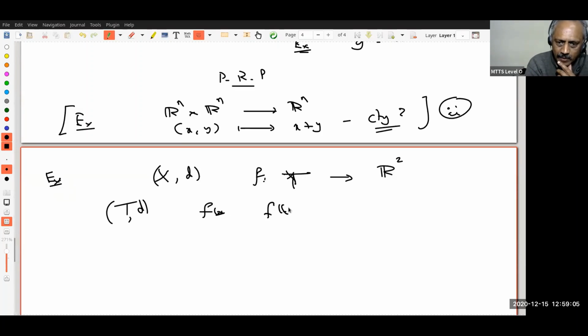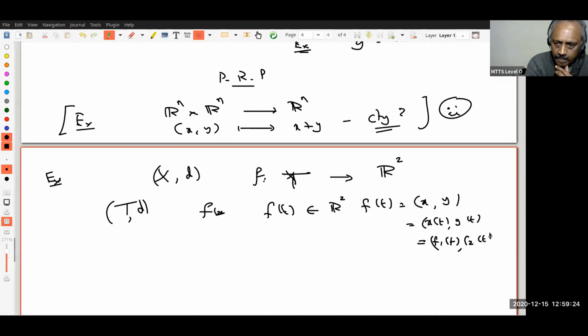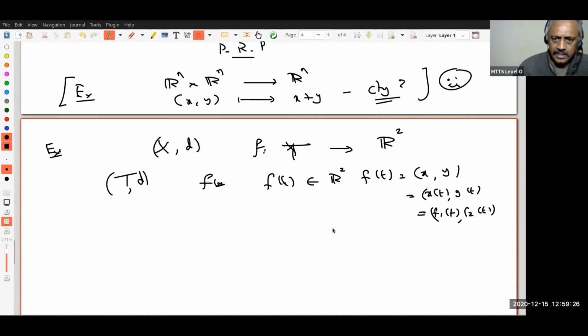Therefore, f of t is a vector in R2, so f of t will be some x and some y. This x will depend upon t. Therefore, you can denote it by x of t, y of t. One usually writes it as f1 of t and f2 of t. Do you understand how this is done?